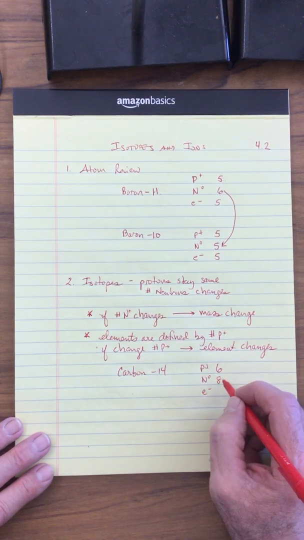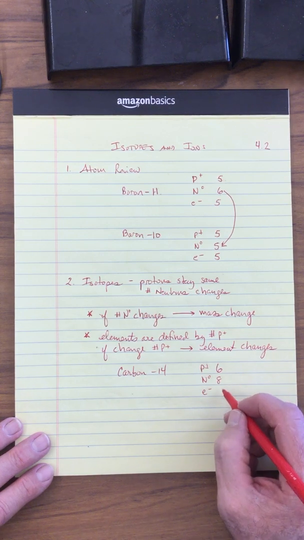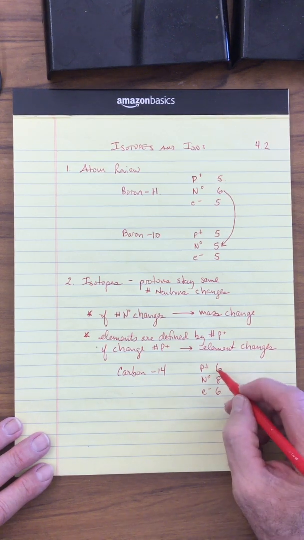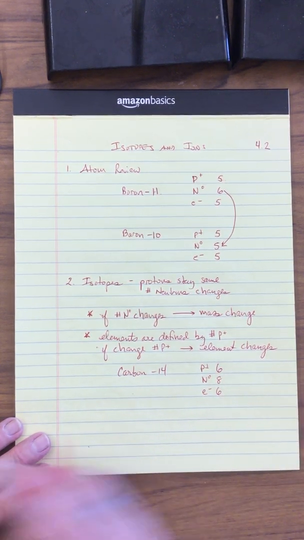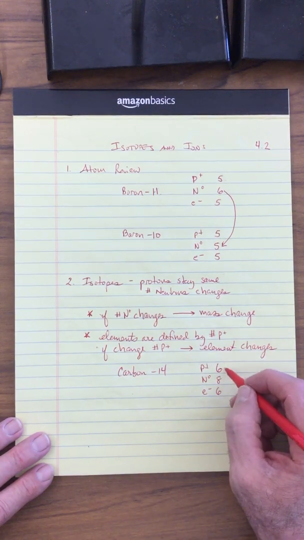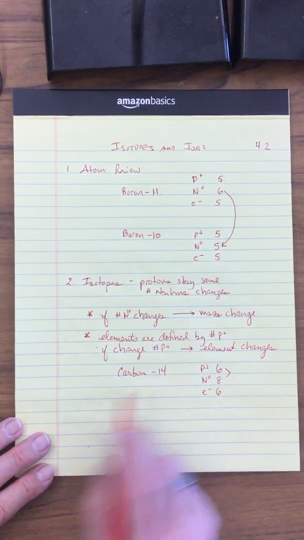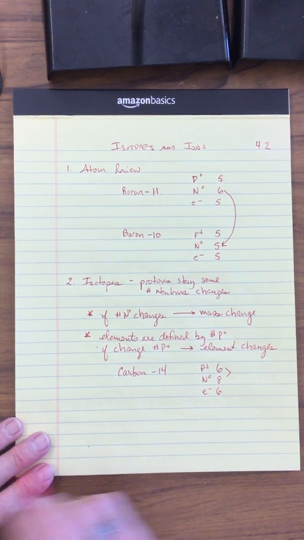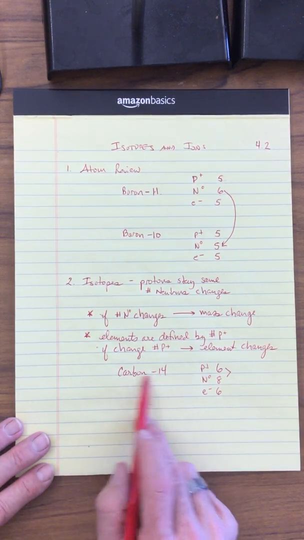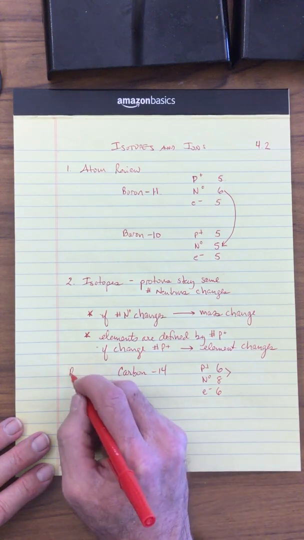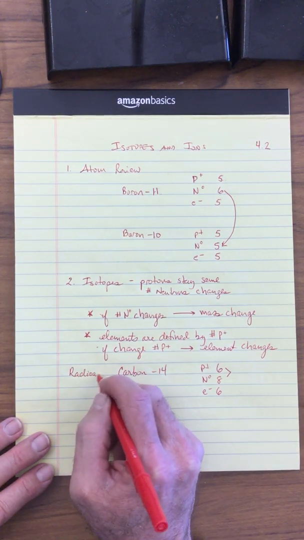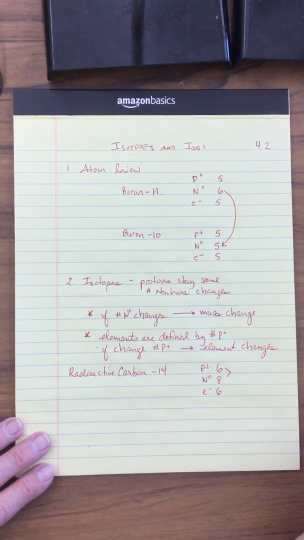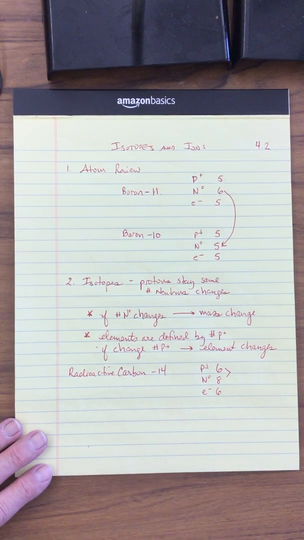It has 8 neutrons, and it has 6 electrons. Remember, protons and electrons have to be the same. So 6 plus the 8, these again are in the nucleus. This gives it the mass of 14. This is actually radioactive carbon, which means that it sort of breaks down and changes into something else.